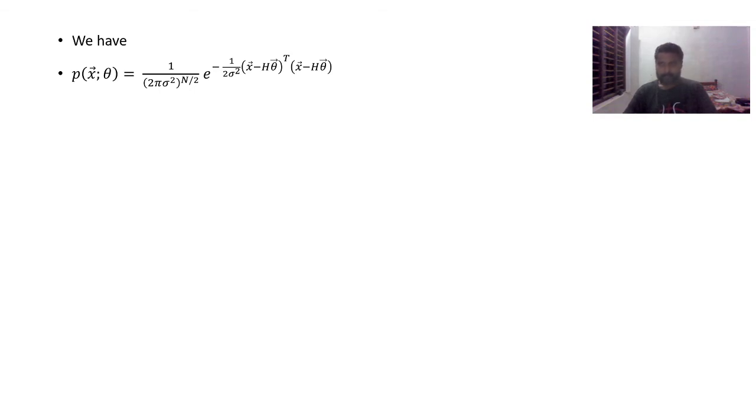Okay, so I will take the natural logarithm of this. ln of p of x, theta is nothing but minus ln of 2 pi sigma square raised to n by 2, minus 1 by 2 sigma square into x minus h theta transpose into x minus h theta.